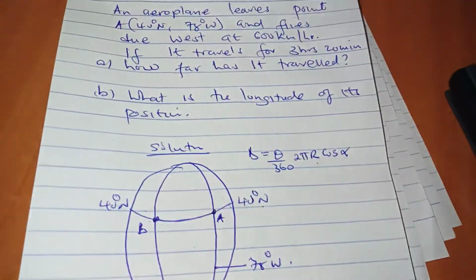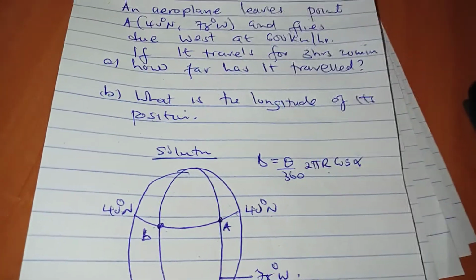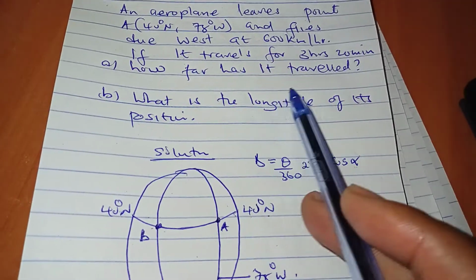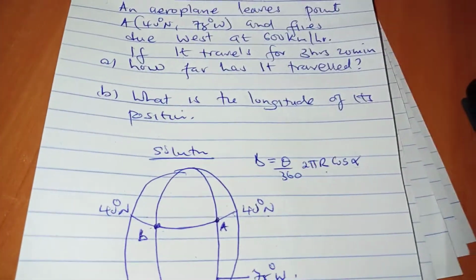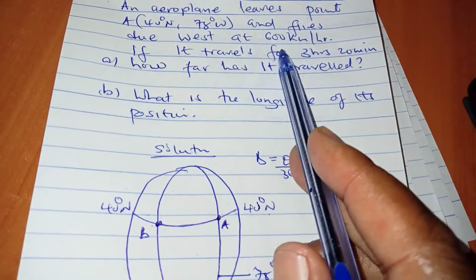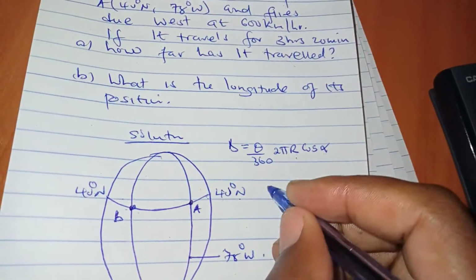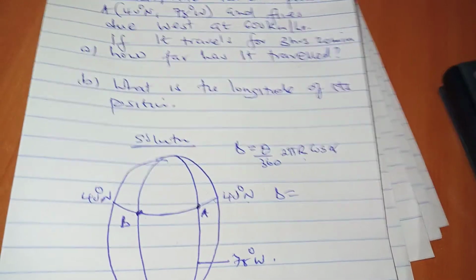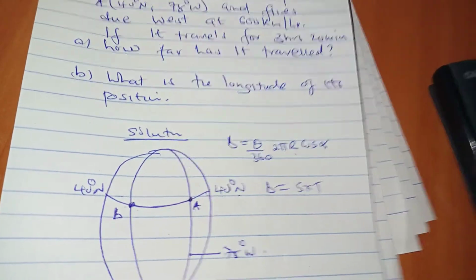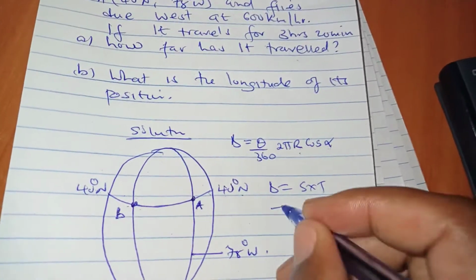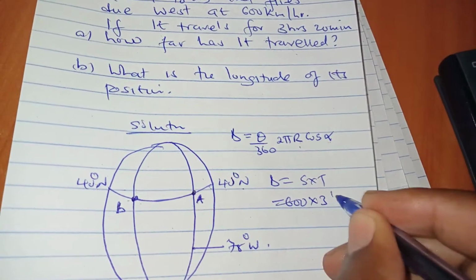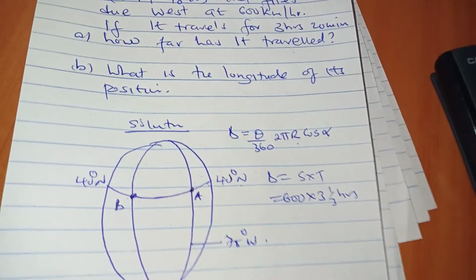To get started now, we will have to look at what we're given here. We have the speed as 600, and we also have the time as 3 hours 20 minutes. First of all, we need to get the distance. We know distance is speed times time, so we have 600 times 3.33 hours.